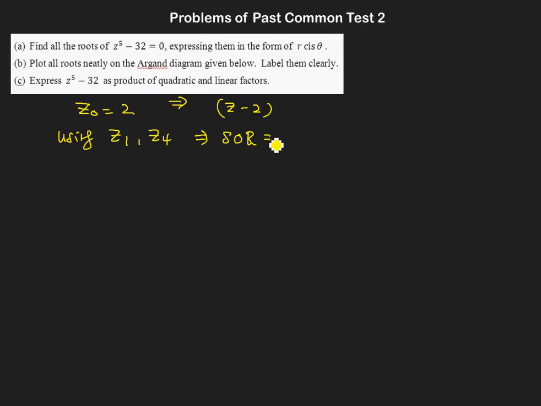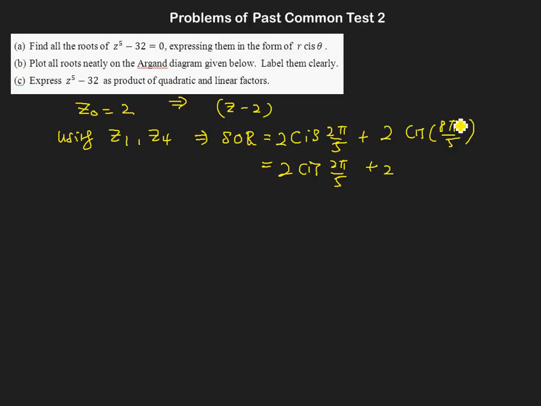The sum of roots for Z1, 2 times 2 pi over 5, plus Z4, 2 times 8 pi over 5.